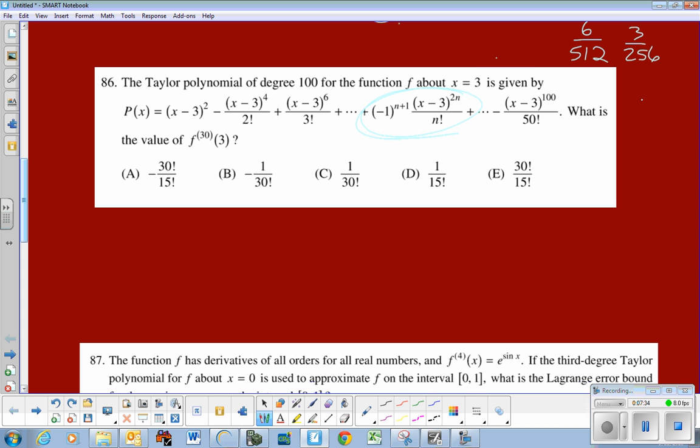The 30th degree term is going to be the 30th derivative evaluated at 3, which is what we're looking for, over 30 factorial times x minus 3 to the 30th power. All right, that's derivative over factorial times power.